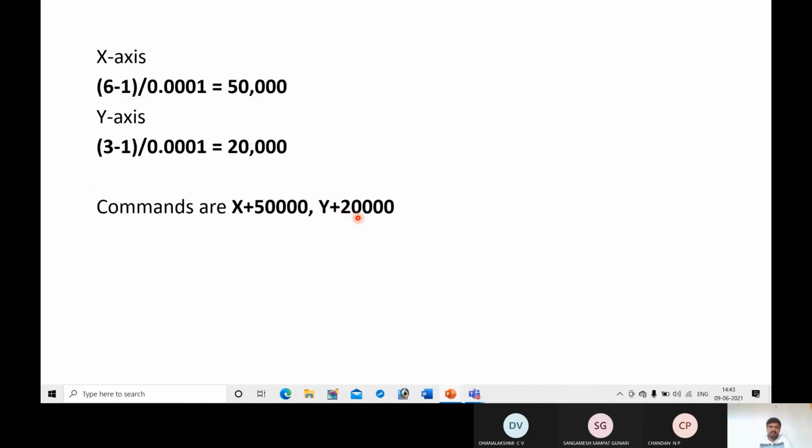Then 20,000 incremental positions will result in movement of 2 inches. Within the 2-inch movement, you are dividing it into 20,000 incremental positions: 0.0001, 0.0002, 0.0003, 0.0004, like that. Between 0 and 5 inches, there are 50,000 incremental positions.